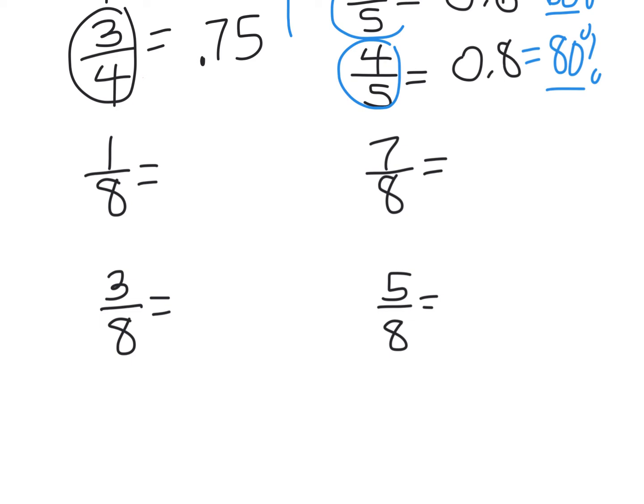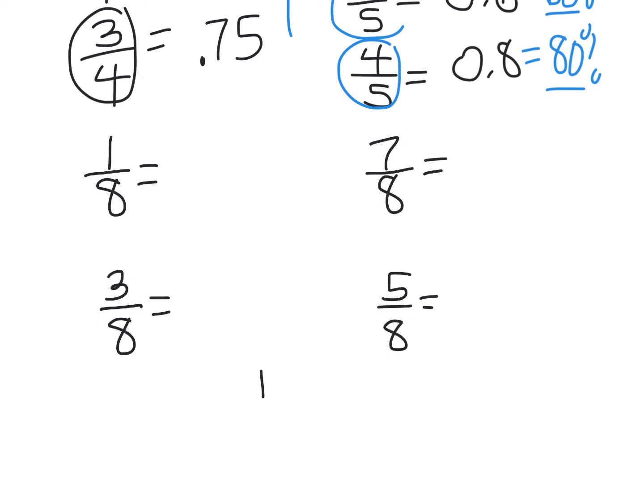Okay, let's take a look at some more fractions. What about your eighths? 1/8, 3/8, 7/8, 5/8. I'm not going to do the even eighths. 2/8 is 1/4, and 4/8 is 1/2, and 6/8 is 3/4, and we already did those. So what is 1/8 as a decimal?